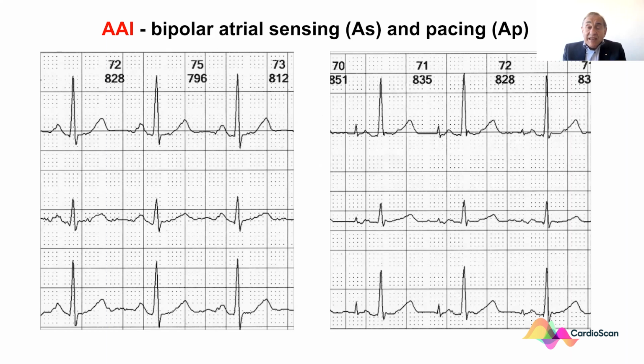But to the right, in this patient, same Holter monitor, you can see atrial pacing when the heart rate became slower and it's 70 beats per minute. And once again, there is this stimulus artifact, P wave, and then an AV delay with a QRS and T wave. Atrial sensing and atrial pacing, and note the stimulus artifact.